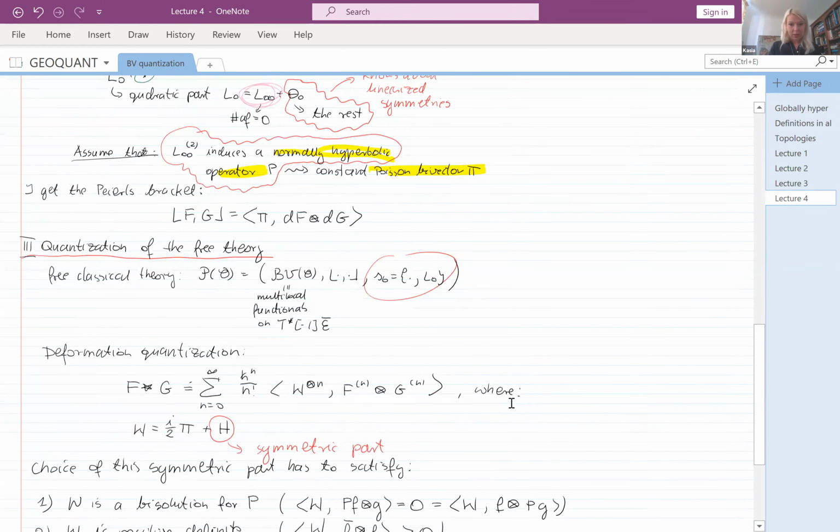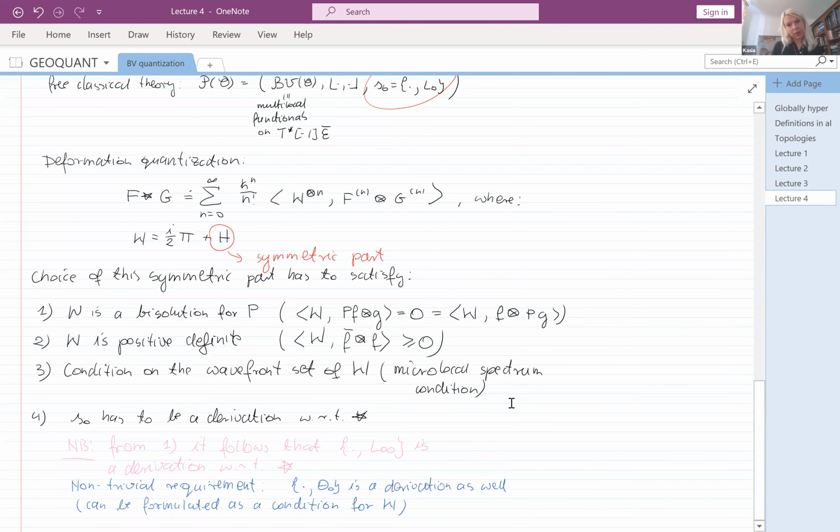Let's see. In the end, what you construct is some star algebra, and the one you construct from the canonical quantization is isomorphic to the one you construct this way.